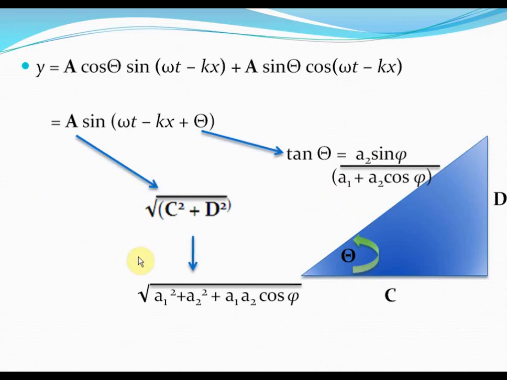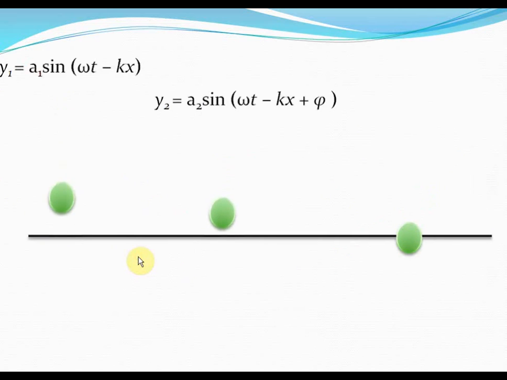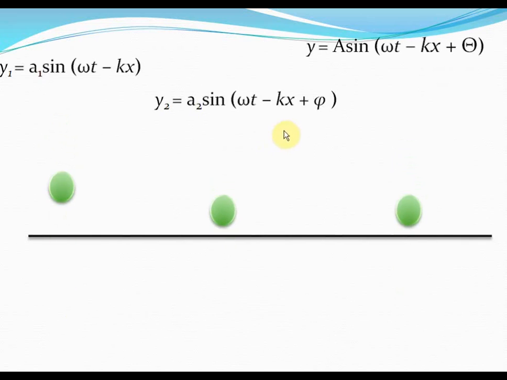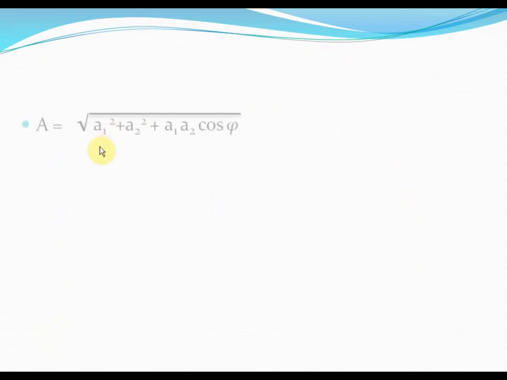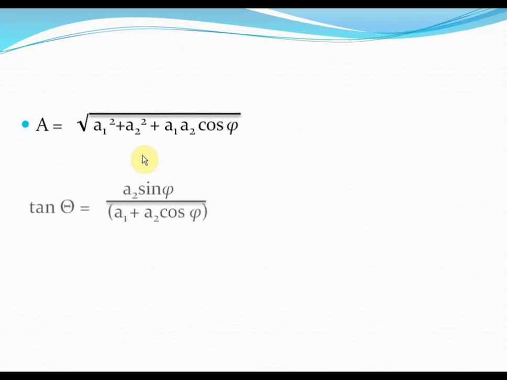What this finally means is, if we have two waves, y1 equal to A1 sin(omega t minus kx) and y2 equal to A2 sin(omega t minus kx plus phi), then the final wave will have the equation y equal to capital A sin(omega t minus kx plus theta), where A is the square root of A1 square plus A2 square plus 2 A1 A2 cos phi, and tan theta is A2 sin phi divided by A1 plus A2 cos phi.